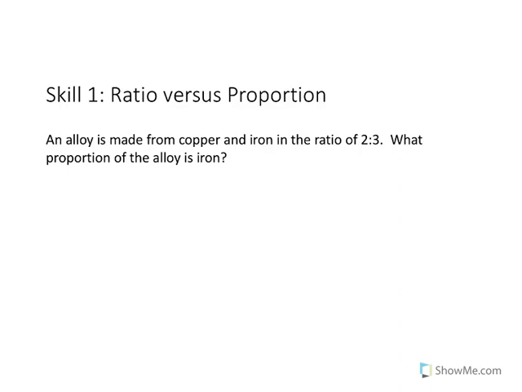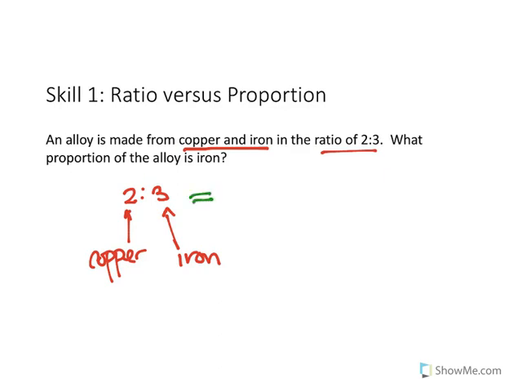Right, here we go. So we know our ratio is 2 to 3, and because we say the words copper and iron in the ratio 2 to 3, we know that the first number represents copper, because you always say the words in the order of the ratio. So we know that 2 parts is copper, 3 parts is iron. So all together, we have 5 parts in total.